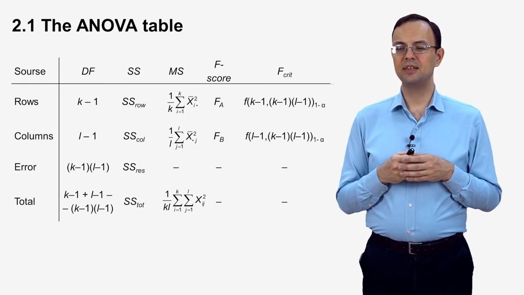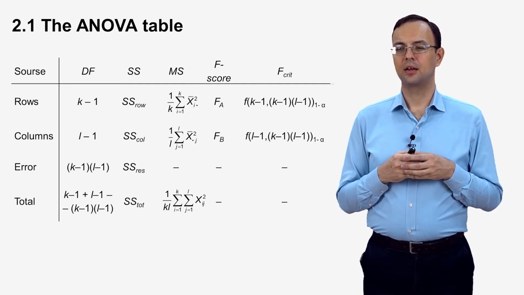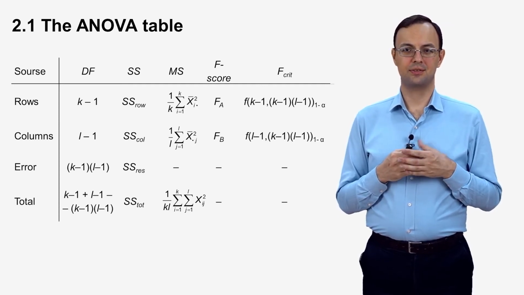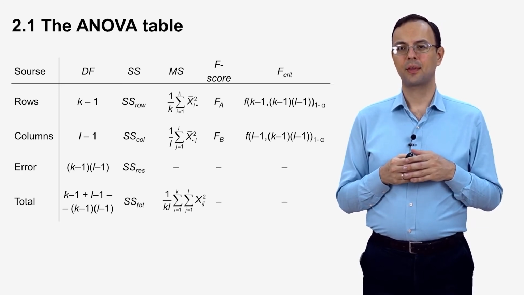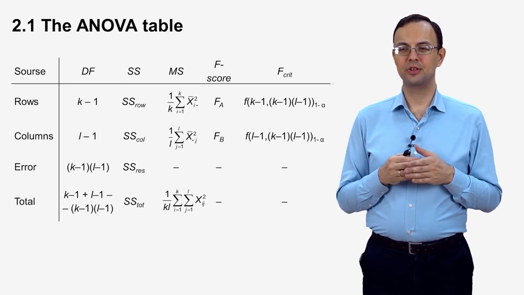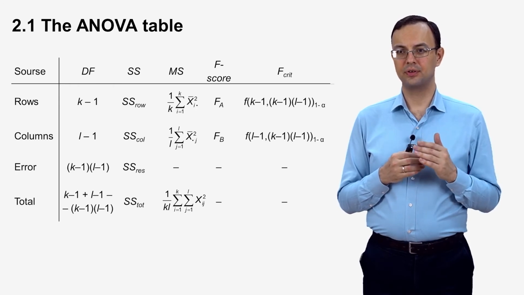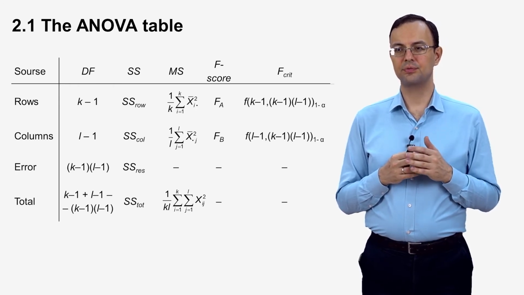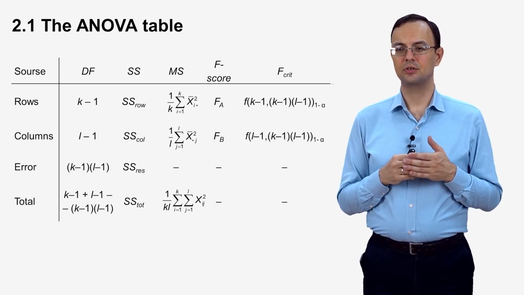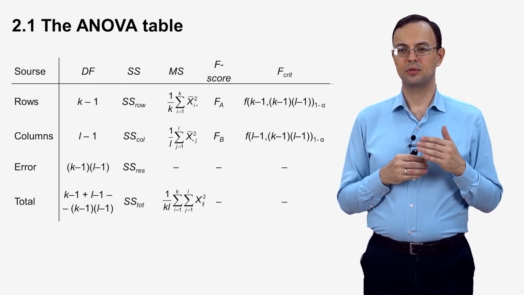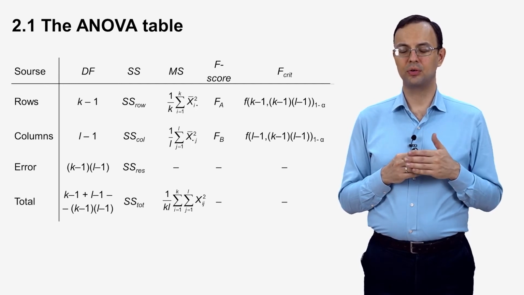Then we have mean squares. So these are mean squares of marginal means for different rows, mean squares of marginal means for different columns, and the total sum of squares of all observations.